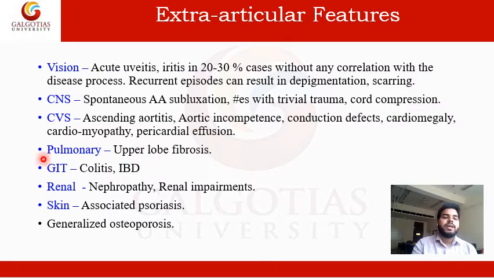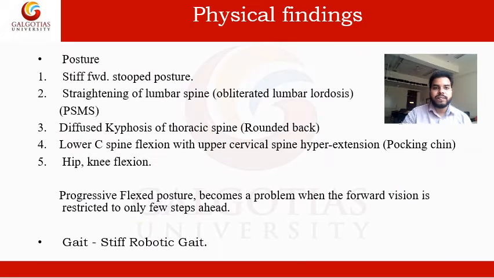In the pulmonary system, there is upper lobe fibrosis of the lung. In the GIT, there is colitis and IBD, and renal neuropathy and renal impairment are there. In the skin, there is associated psoriasis and generalized osteoporosis. These are the extra-articular features in ankylosing spondylitis.